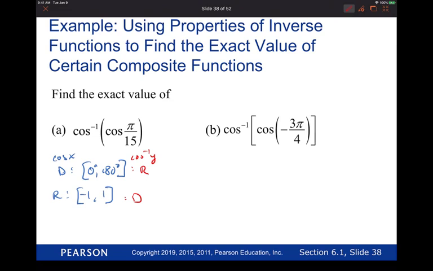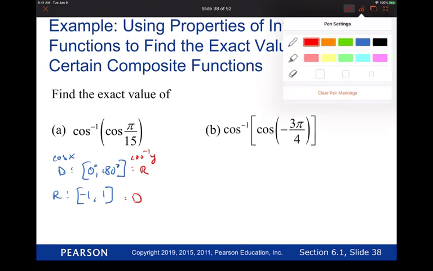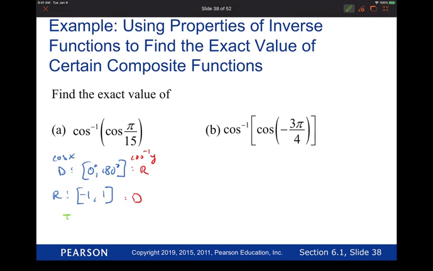Okay, let's convert. You just got to kind of keep working it. I'm going to convert pi over 15 to degrees. All right, let's do this. If we said pi over 15 times 180 degrees over pi, the radians cancel. What's 180 divided by 15?